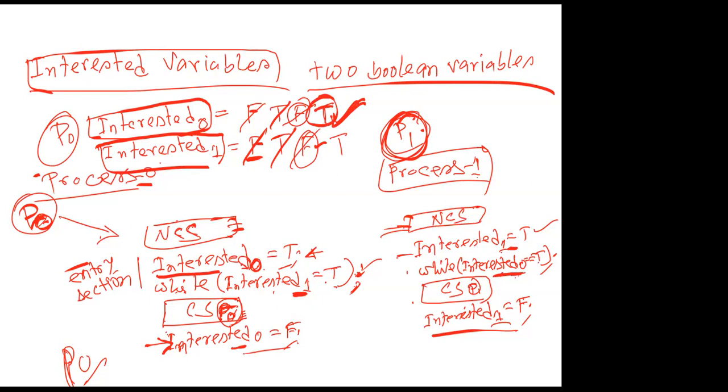So it will execute this while loop. It never enters this critical section. So at a given time there is no way two processes can enter the critical section. So mutual exclusion is satisfied by this algorithm.